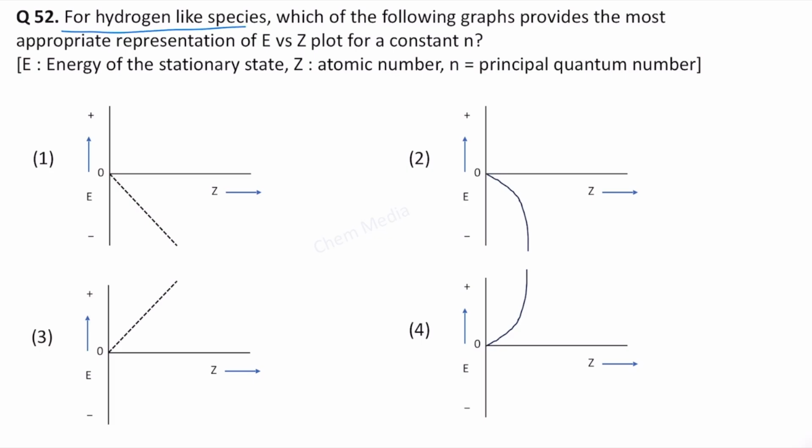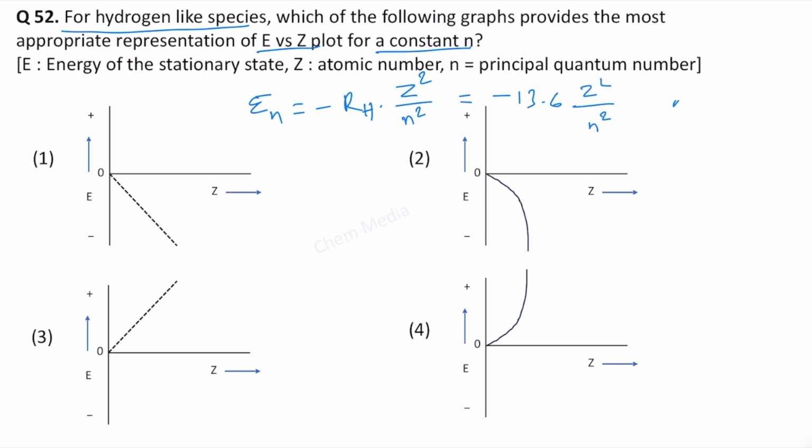For hydrogen-like species, which of the following graphs provides the most appropriate representation of energy versus atomic number plot for a constant n value? E is the energy of the stationary state, Z is atomic number, and n is the principal quantum number. For hydrogen-like species, the energy of the stationary state is equal to minus Rydberg constant times Z square divided by n square, or we can also write it as minus 13.6 Z square divided by n square.